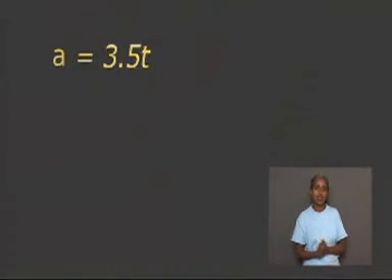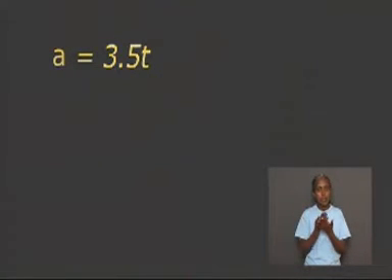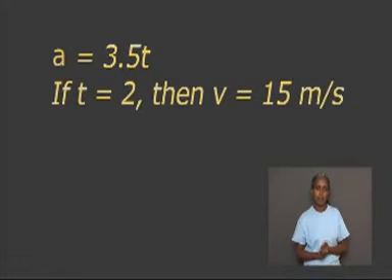Now, let us consider a different particle. This particle is moving away from 0 in a straight line. It has an acceleration of 3.5t. When t represents 2 seconds, then P has a velocity of 15 meters a second.